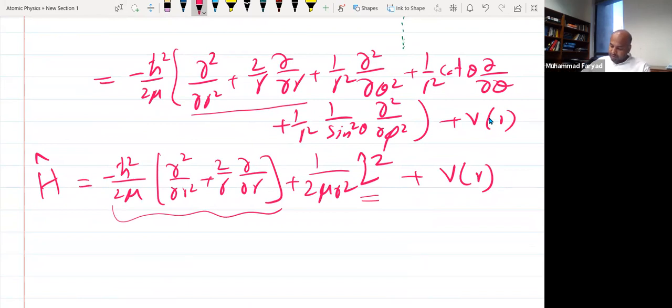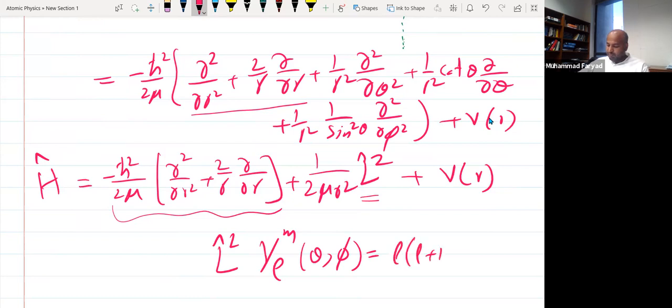This L square operator actually has the eigenfunctions Y_lm of theta and phi, which are called spherical harmonics. And when this L square operates on this, it gives l into l plus 1, Y_lm, and h bar square as well.